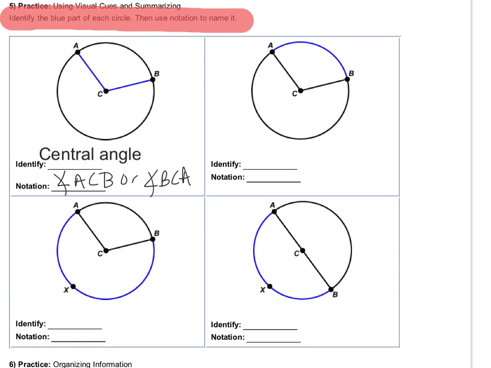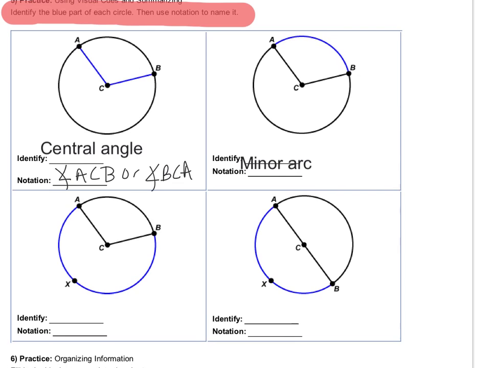Here, right beside in circle C, we have a minor arc. Because it is less than 180, we'll call it a minor arc. And in notation form, we would call it either arc BA or arc AB.